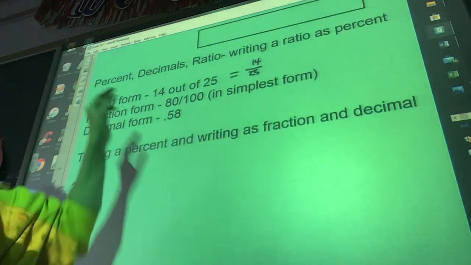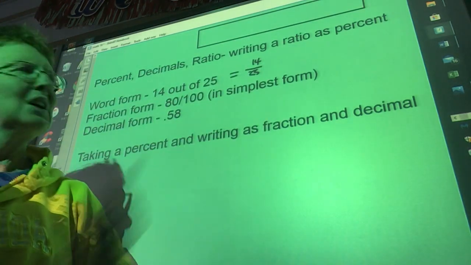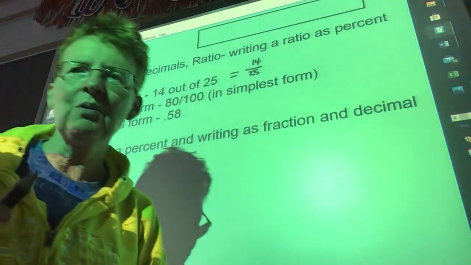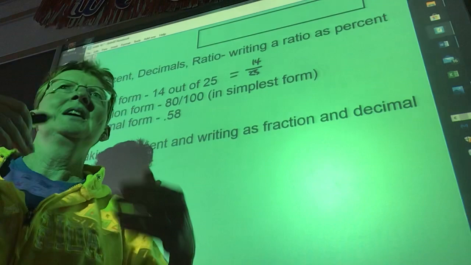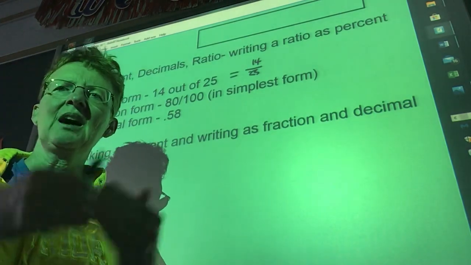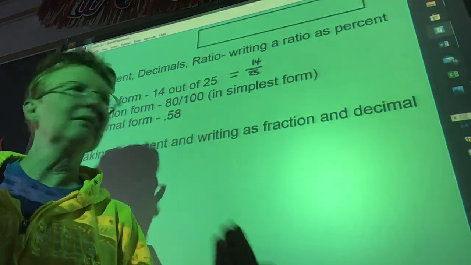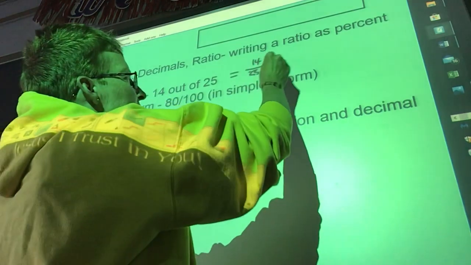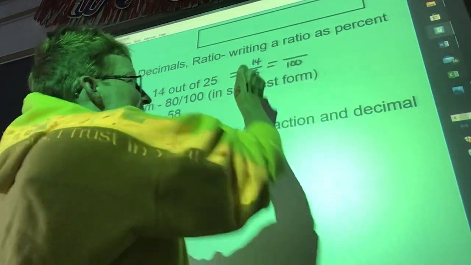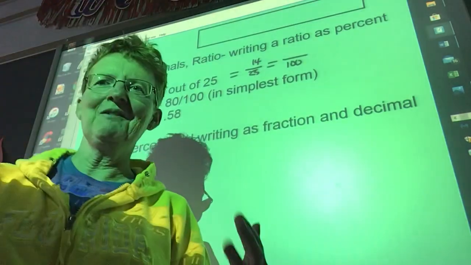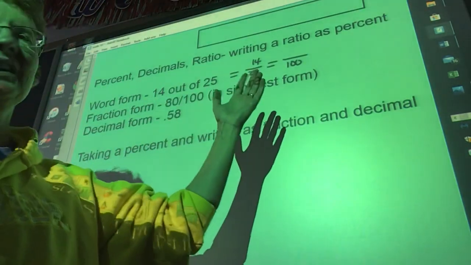And then, in order to get it to a percent, we need to change this to an equivalent fraction with 100 at the bottom, because we know that percent is always based on 100. So in order to get an equivalent fraction with 100 at the bottom, I can look at the denominator and see, oh, 25 goes into 100 4 times.